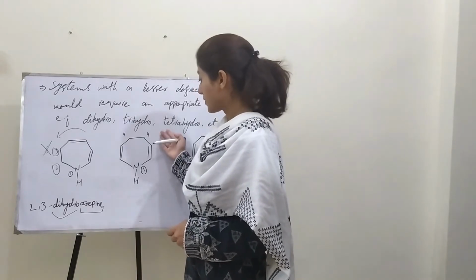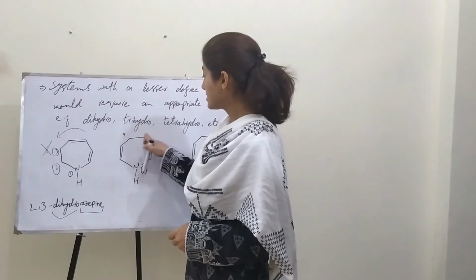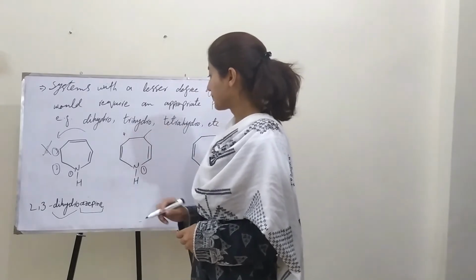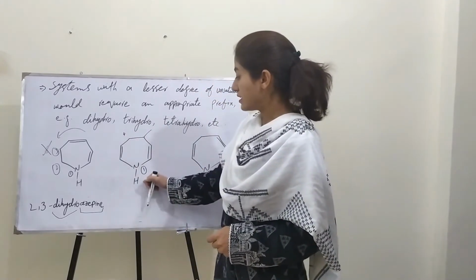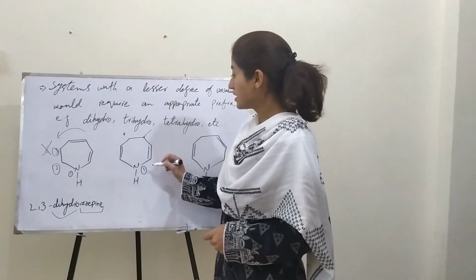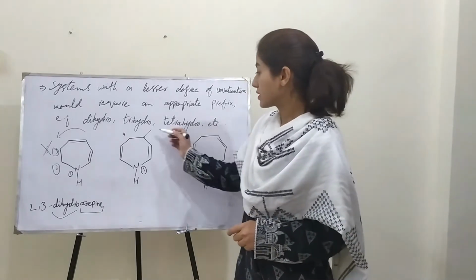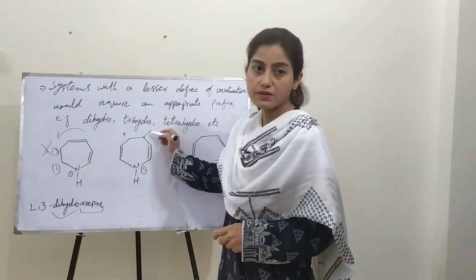Both are okay, but if there is a substituent over here, then definitely we will give the preference to this position because it is saturated and also contains a substituent.